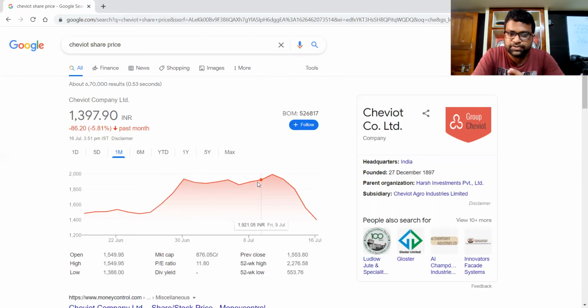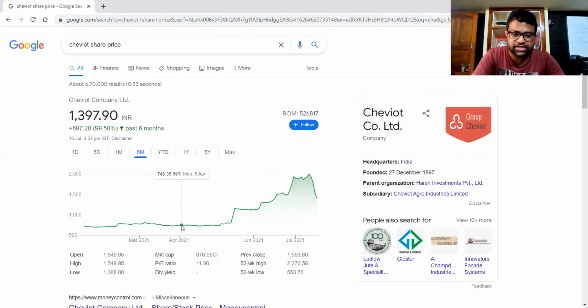But still some people started buying at this level on 9th July, 10th July, when the share was flat. No need to buy at this level. When the exit is approaching and you buy like this, there are chances it will go down, because in the last 6 months the share has increased exponentially, from 800 to 1300 to 1500, 1600, doubled within 2 months. So this share shows quite exponential growth.